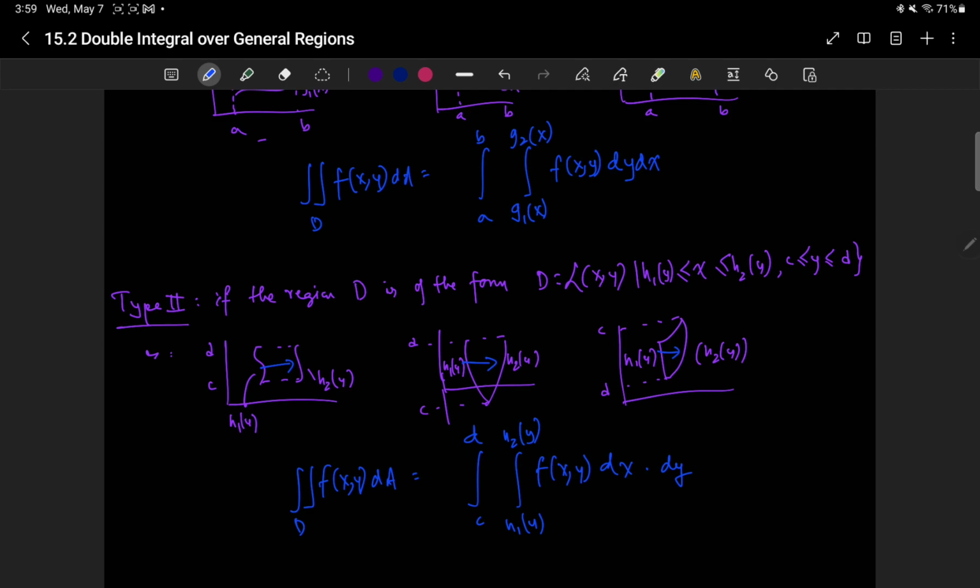So in this particular case, we have to be careful about the order of x and y, not because the answers are going to differ, but because the integration may or may not be possible in one or the other direction.